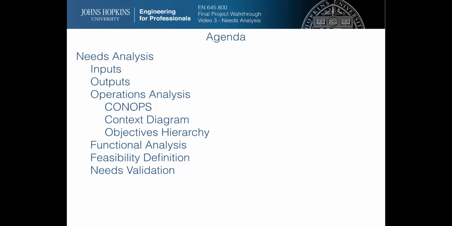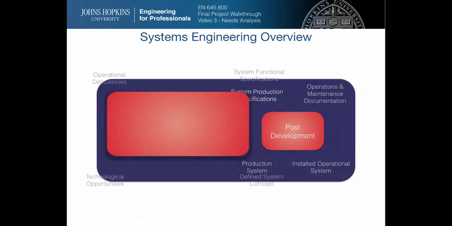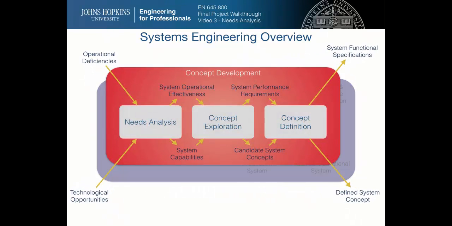The systems engineering process is iterative and takes place at least once during each phase in the systems engineering lifecycle. Recall from your previous courses, the systems engineering lifecycle that Johns Hopkins uses is composed of 3 stages: concept development stage, engineering development stage, and the post-development stage. Each stage is composed of various phases.